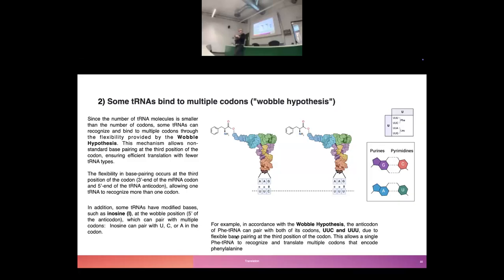So there's no anticodon with the HAA. It doesn't exist. It is part of those missing 16 tRNA we were speaking about. Okay?